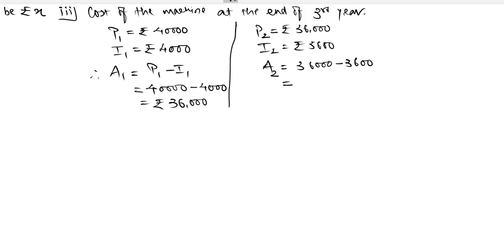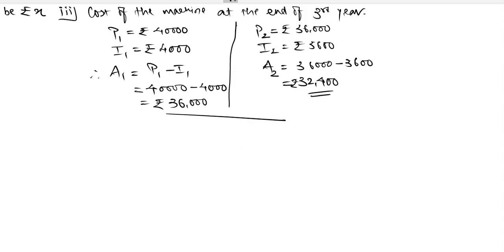So 36,000 minus 3,000 is 33,000, and 33,000 minus 600 is 32,400. So this is the cost of the machine at the end of second year.